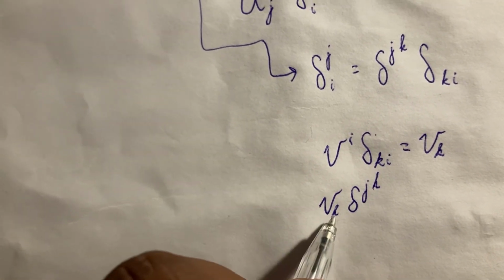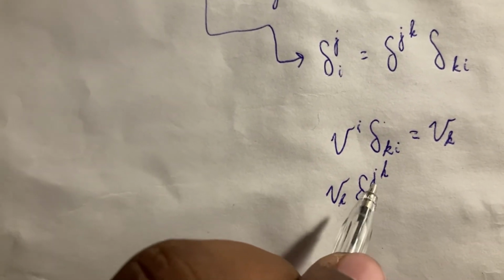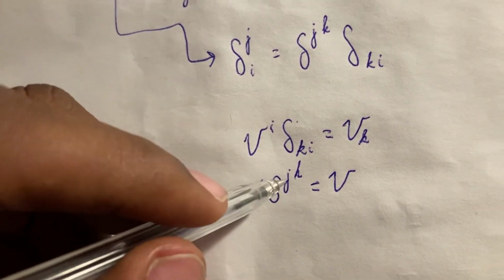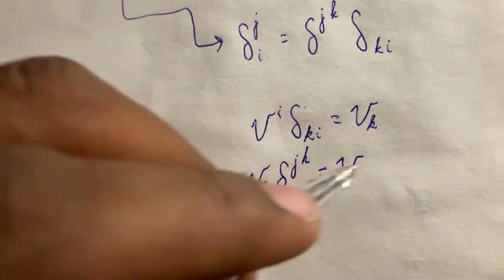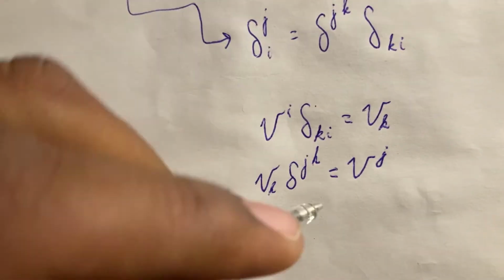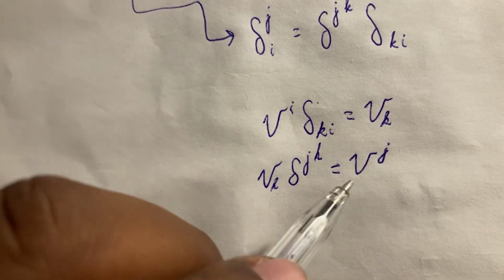Now we can see that we have these dummy indices right here of k, k, and we have one free index of j. So in essence, when we look at the equal sign, we have to have j appearing at least once on the other side of the equation as well, due to what we've mentioned before. So that would give us v with upper index of j.